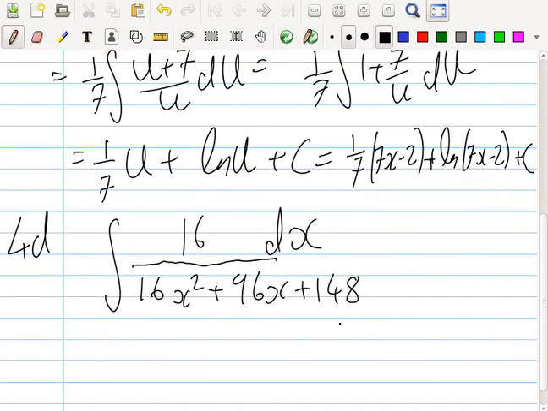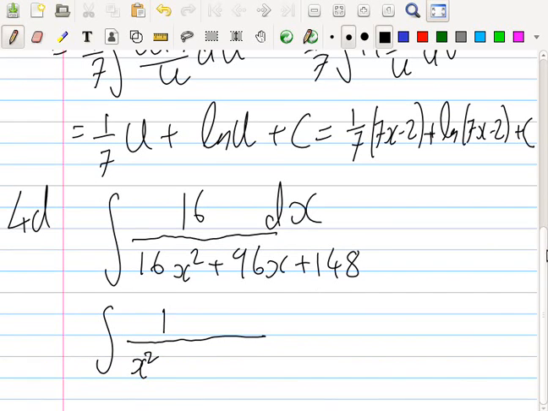Now, the problem here is you don't want the 16 here. So if you take out your calculator and divide everything by 16, 16 divided by 16 is 1. 16 divided by 16 is 1. 96 divided by 16, does that even go? Yeah. What is it? 6. And then 148 divided by 16? 37 over 4 dx.